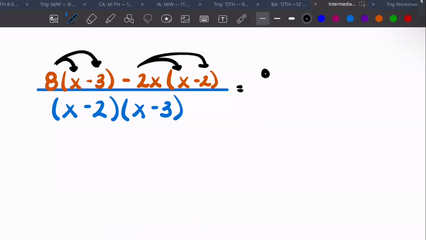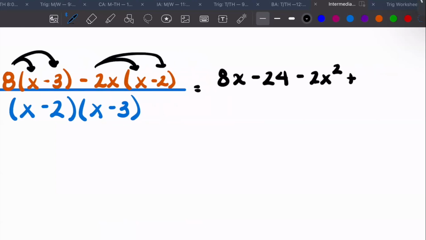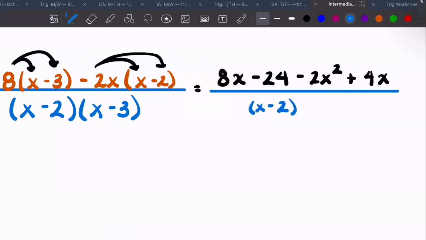So we get 8x minus 24 minus 2x squared plus 4x all over x minus 2, x minus 3.